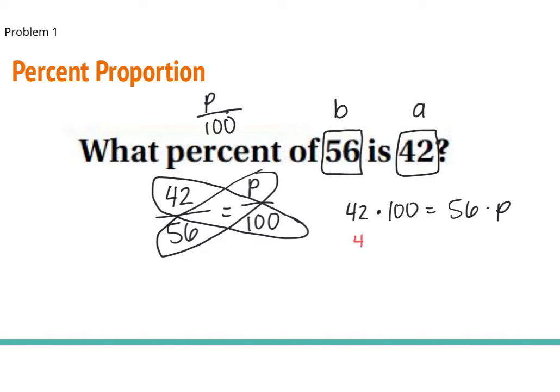This is going to be 4200 equals 56P. We just divide by 56 on both sides. And I'm going to use a calculator. 4,200 divided by 56 is 75 equals P. So our percentage is 75%.